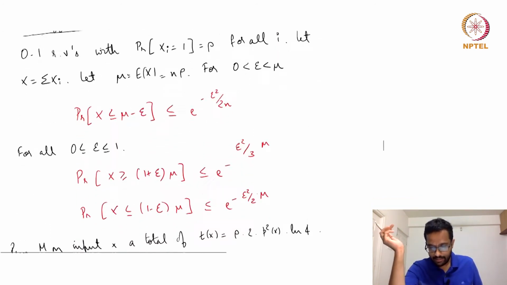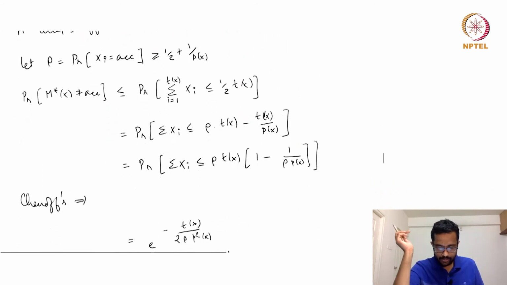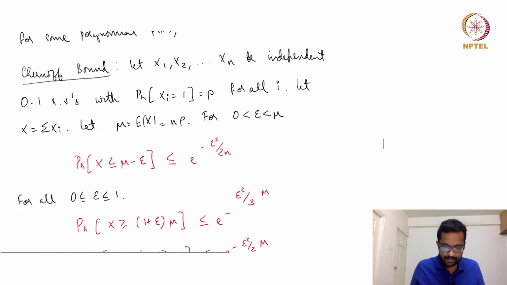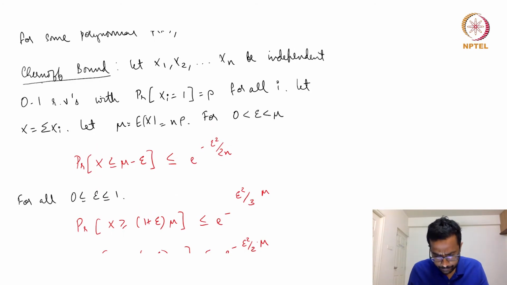This is the key idea. However, I will not go into the details because it's a bit technical. This is made precise by something called the Chernoff Bound. What is the Chernoff Bound?